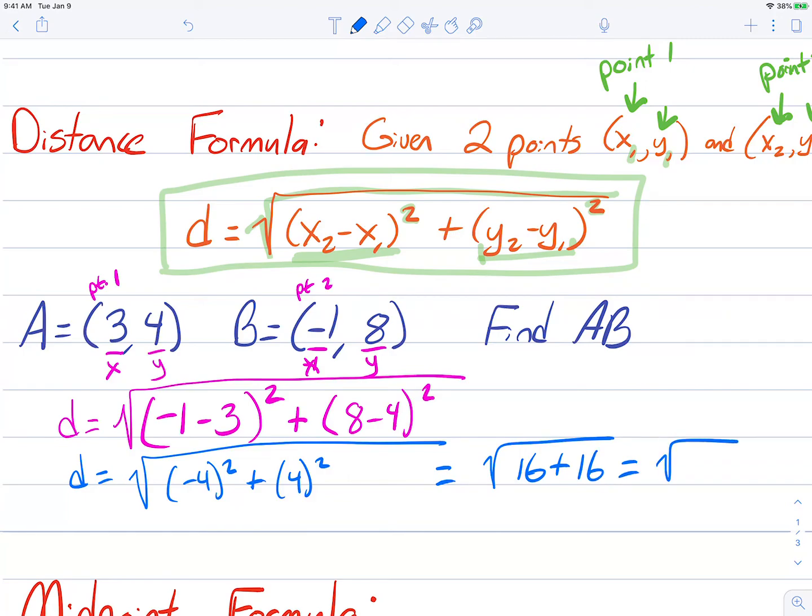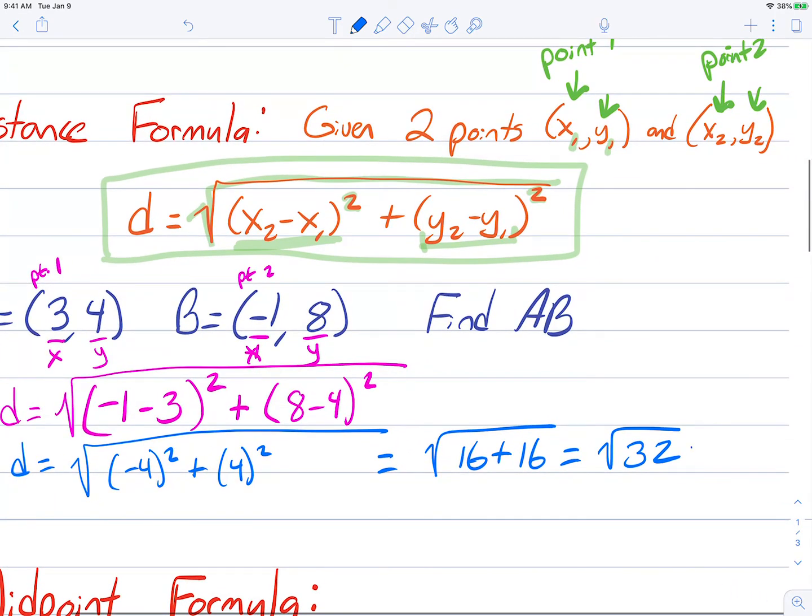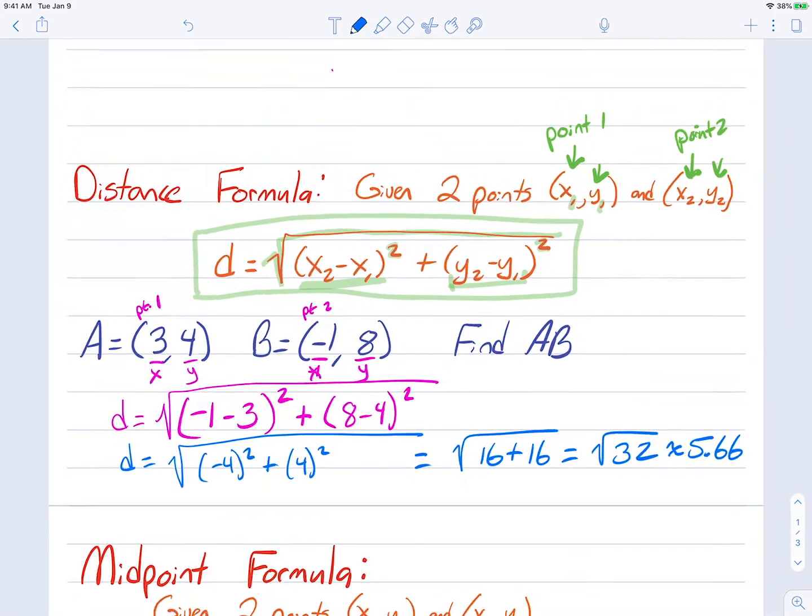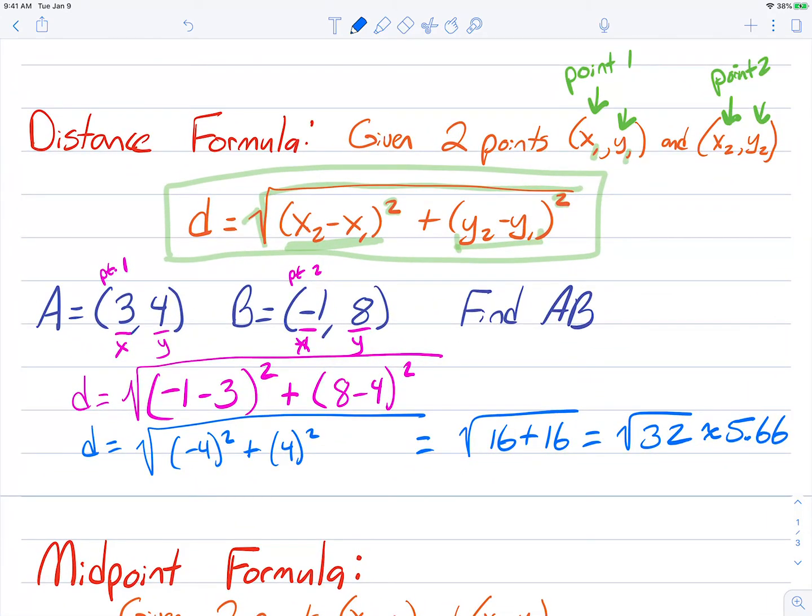And 16 plus 16 is 32. So if I find the square root of 32 as a decimal, that is about 5.66. So I just rounded it to the nearest hundredths. So that is one problem on how to find the distance between 2 points.